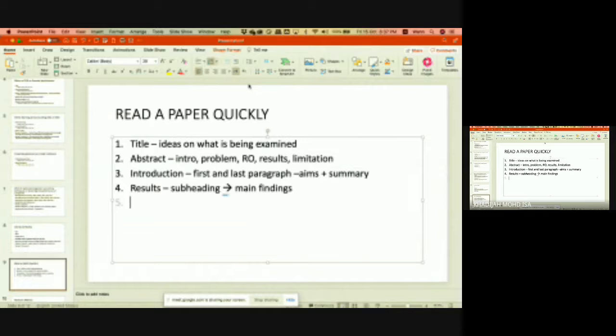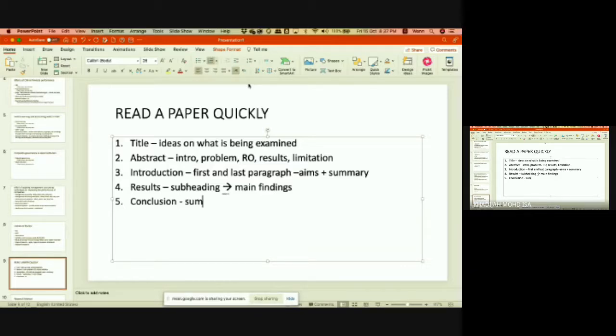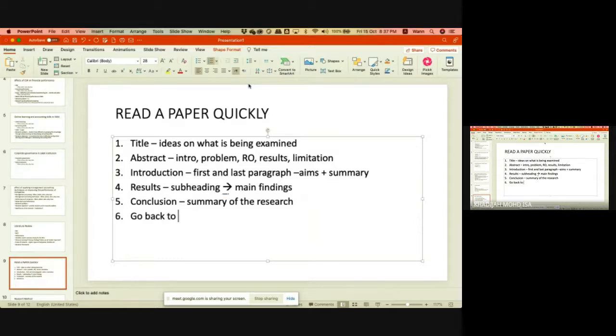And number 5 is that you go into your conclusion. This conclusion you read, because it is again a summary of the research. It gives you the objective again, and the main findings, including other things as well. Number 6, if you think that this is a good paper, then maybe you want to go back to the results and look in more detail.